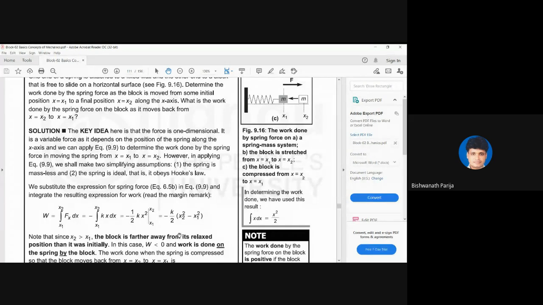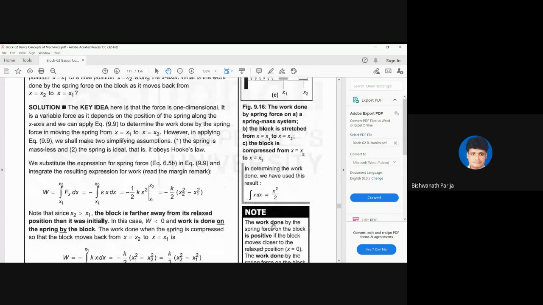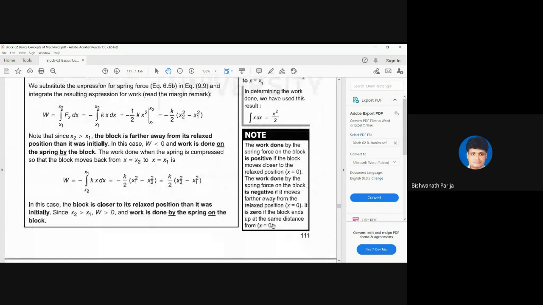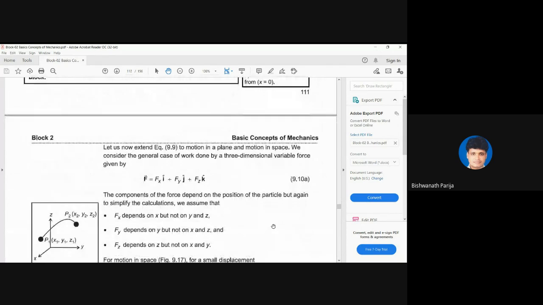If you compress the spring, the spring force is opposite to it. If you elongate the spring, the spring force also opposes it. So work done due to an opposing force is always negative. Everyone clear? Yes, sir. Very good, everyone. So remember this formula, very important, the spring force work done.